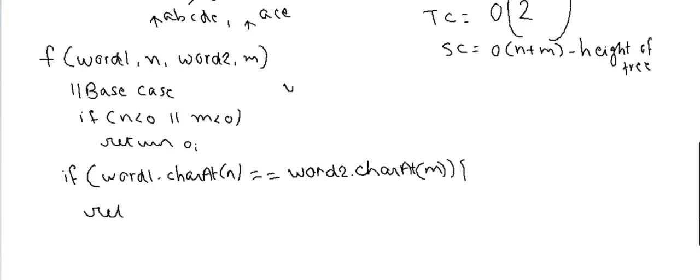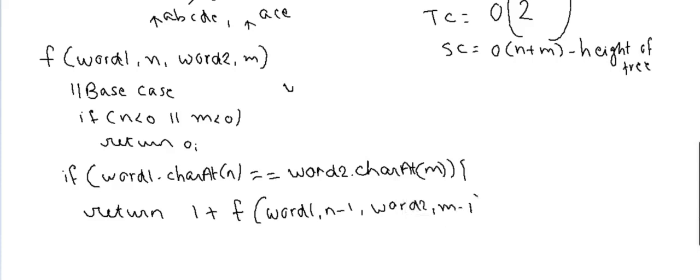The characters are matching, so we already found one character in our longest common subsequence. We are going to make a recursive call to our subproblem by decrementing both n and m. So I'm going to make a recursive call and decrement n, and I'm also going to decrement m. So that is our case 1.